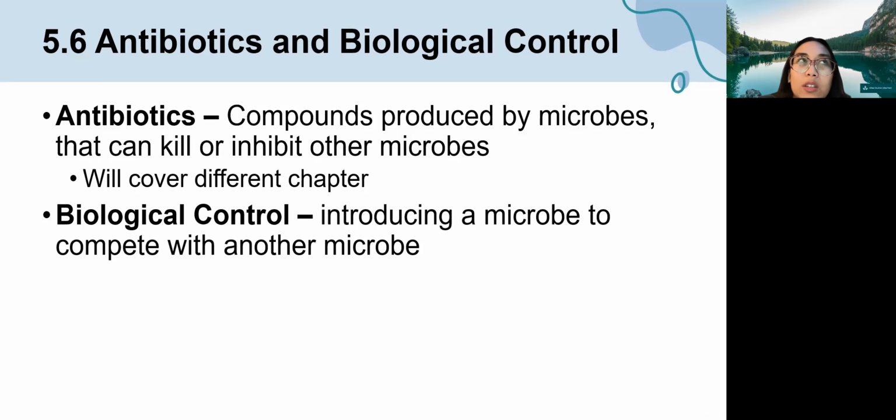Maybe you learned this in environmental science. When there are pests, like little bugs that eat the crops in farming, what they do is bring in other bugs like ladybugs to eat the bugs that are causing the problem. So that's called biological control.